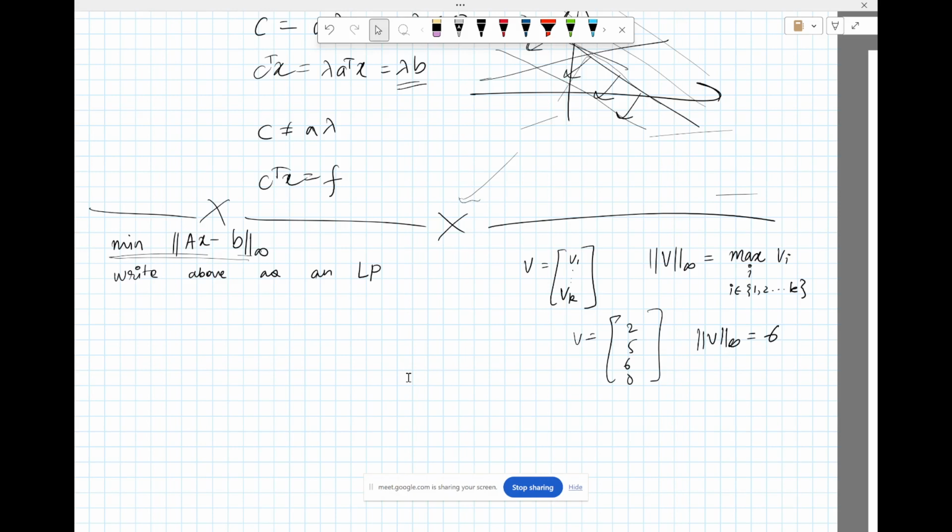Now whatever our objective is, let's say we minimize some objective and we get F. Now this F is the infinity norm of some ax minus b, right?